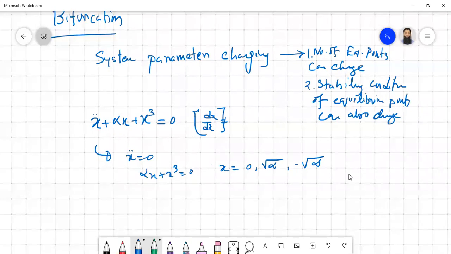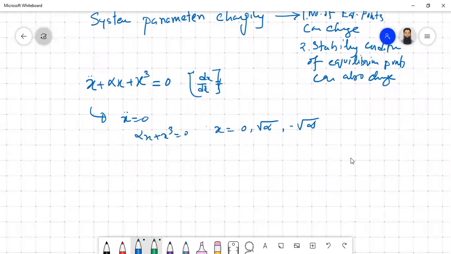Based on the value of alpha, we have these three scenarios. But one thing you have to be careful about: if you take x common, what you have is x times (x square plus alpha). Definitely x equal to 0 is one solution, and x square equal to minus alpha is another, so it cannot have an imaginary value.